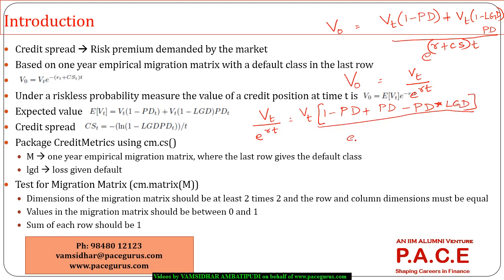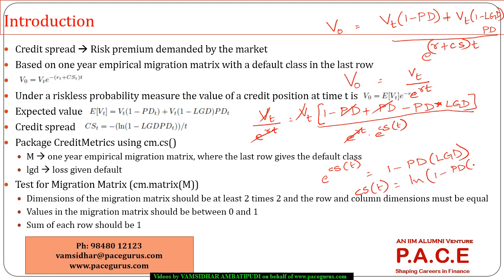And the denominator is e power rT times e power credit spread into T. So I am cutting this out, and now I get e power credit spread into T is equal to 1 minus PD into LGD. From here I can find credit spread multiplied by T is equal to log of 1 minus PD into LGD.